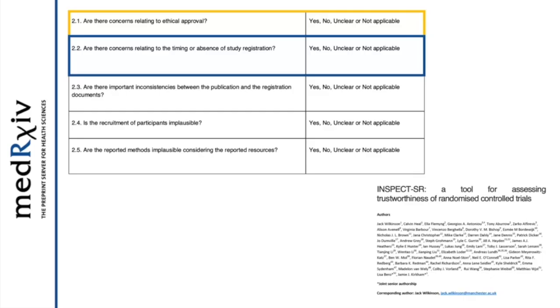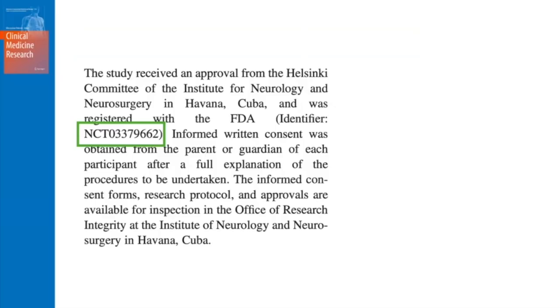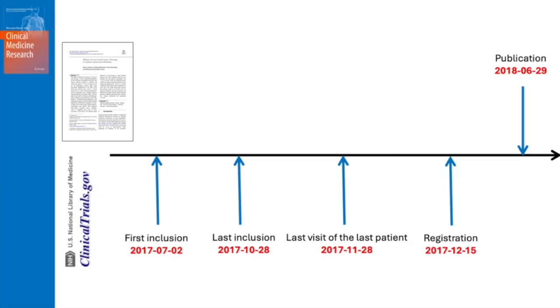This is pretty easy to look at. You look at the study. As I told you just before, the study has a clinicaltrials.gov identification number. You can check this number, look at the study on clinicaltrials.gov, and then try to find the key dates that are reported there.